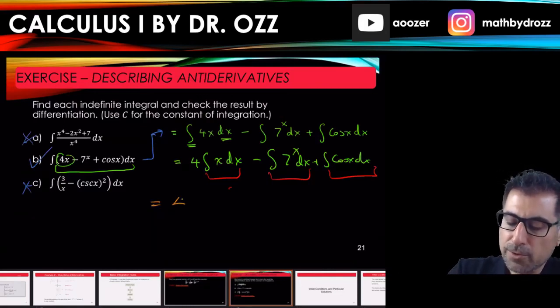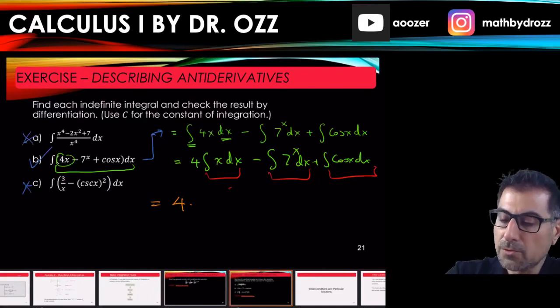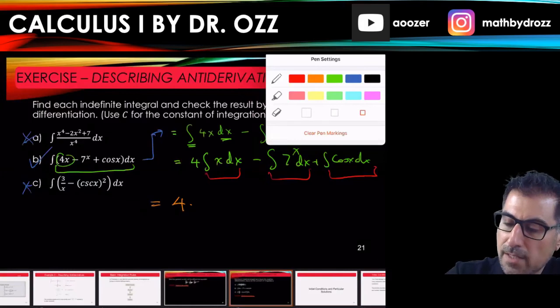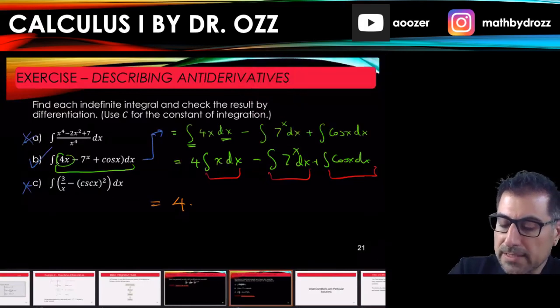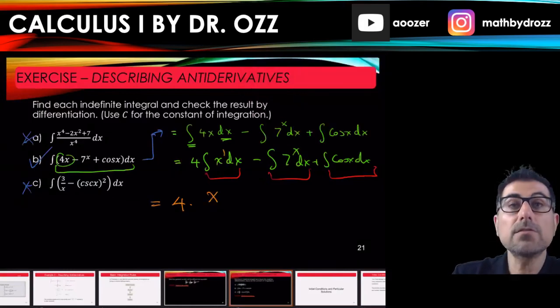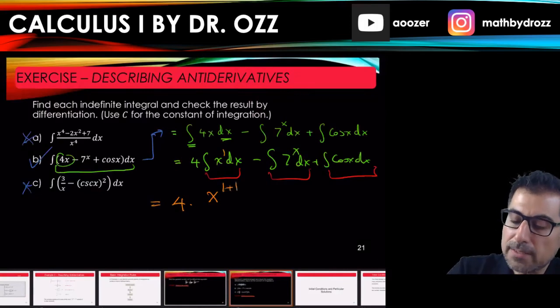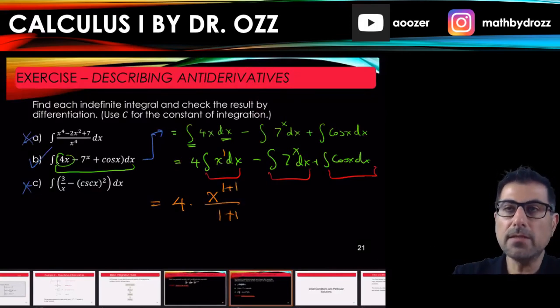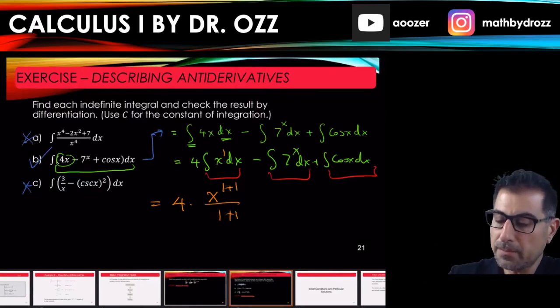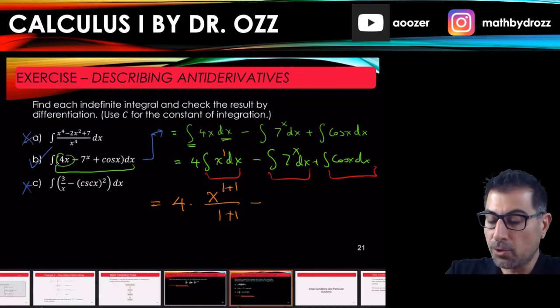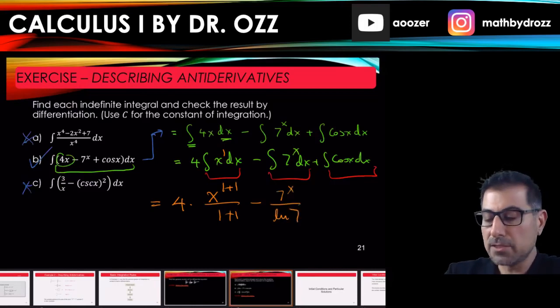We have 4 here, and then the power rule of integration says to add 1 to the exponent, which is already 1 here, and then divide by the new exponent, which is what we did in the previous slide as an example. Then for 7 to the x, we had the formula, remember, this is 7 to the x over ln 7. And then cosine x has the integral sine x.